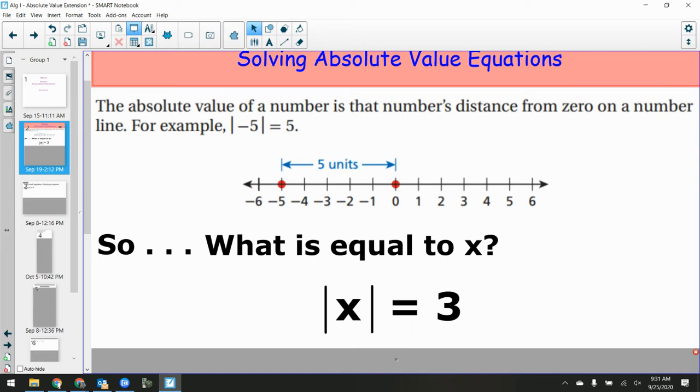This is why it's unique. Every equation that we had this chapter, with the exception of those solving for a variable ones, had one answer, one solution. We got x equals a number, never two things.